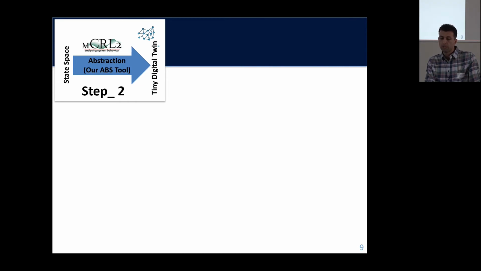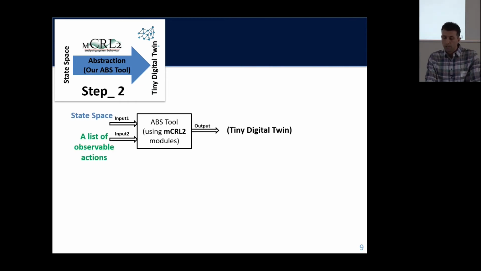And step 2 is about the abstraction. We developed a tool that gets the state space generated by model checking and the list of labels of the transitions related to the observable packets, that is, sensing data and control commands, and abstracts the whole state space based on these observable transitions.